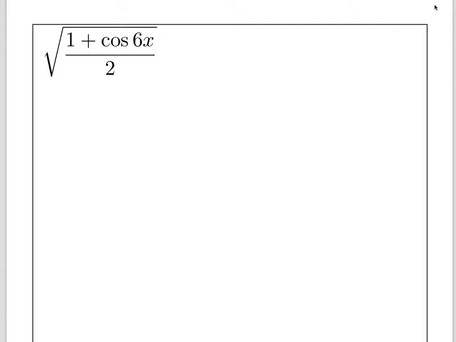Alright, we want to simplify this using a half angle identity. So what does this look like? It should look like a half angle. Which half angle does it look like? It looks like cosine of theta over 2.